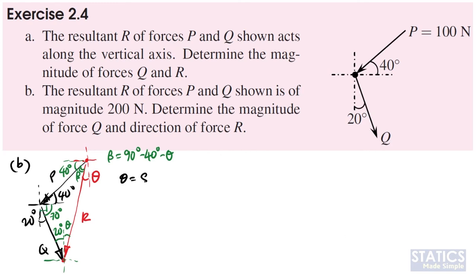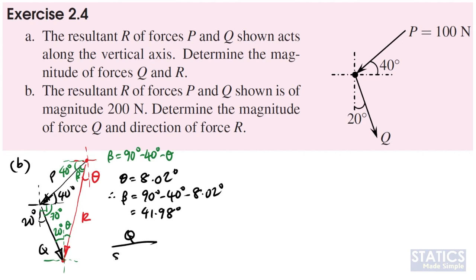Once we know theta equals to 8.02 degrees, we can calculate beta, which is equals to 90 degrees minus 40 degrees minus 8.02 degrees, which is equals to 41.98 degrees. We will be using sine rule again to determine the magnitude of Q. Magnitude of Q divided by sine of angle opposing Q, in this case equals to beta, is equals to magnitude of vector R divided by sine of angle opposing R, which is equals to 70 plus 40 degrees.